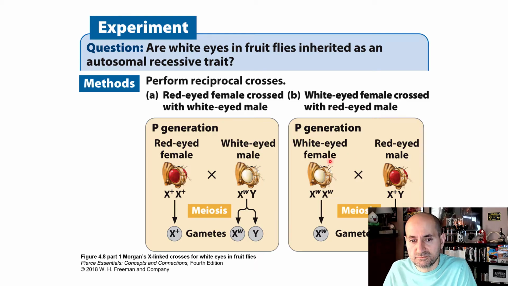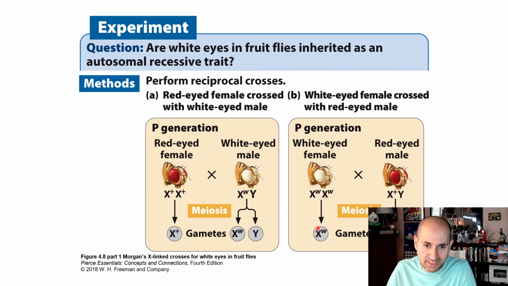When Thomas Hunt Morgan did this in reverse with the white-eyed female flies, this would mean they have XW XW genotypes, and cross that with the wild type male X plus Y. Remember, after meiosis, what kind of gametes could this true breeder make?